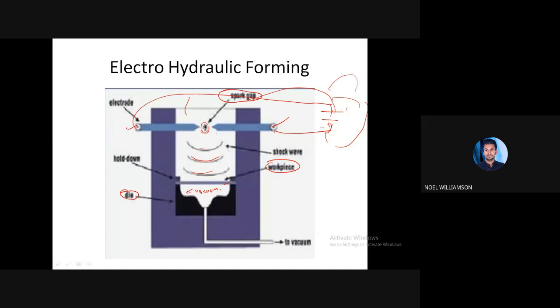The voltage generated is mainly from 10,000 to 30,000 volts, and this is mainly used to produce the spark. So these are the main things about the procedure. Next, we will see what the advantages are.